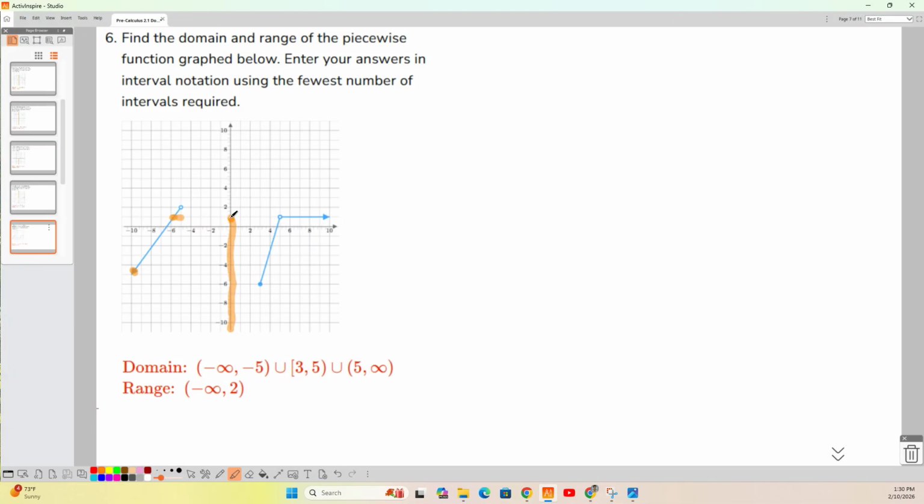So we go up to the highest y value, which is 2 at this open circle, but we're not including 2 because of the open circle. So the highest the y value gets is right before 2. So we go from negative infinity up to 2, not including 2 for the range.